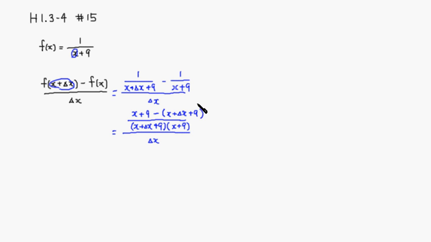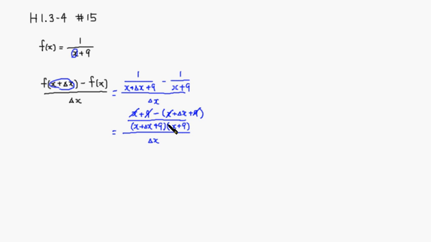Then we can cancel a few terms. You can see there is x minus x, so those cancel out. 9 minus 9 cancels out.